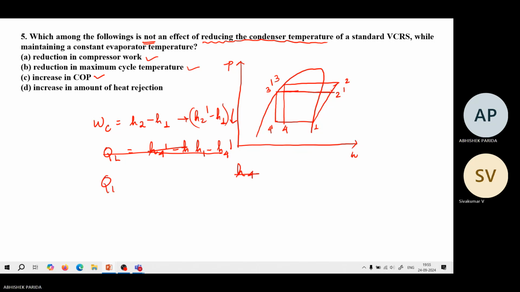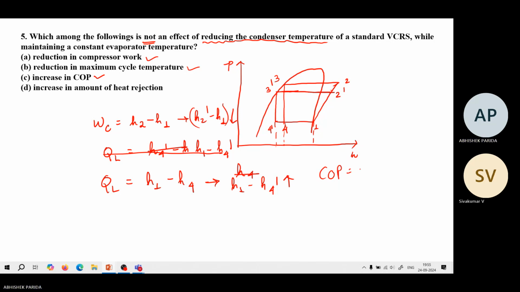In the first case, it was H1 minus H4. But now it has changed to H1 minus H4 dash. In which case do you find there is a large variation in the enthalpy? It is, of course, the second case. So the cooling rate is increasing. The rate of rejection of this heat is increasing. So the cooling effect has increased.